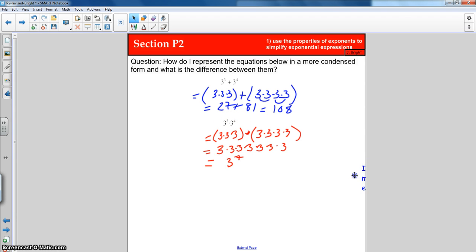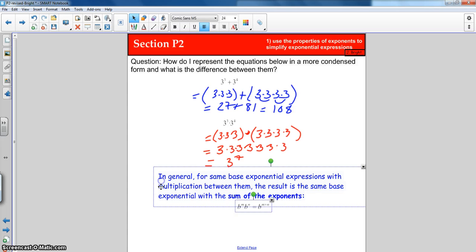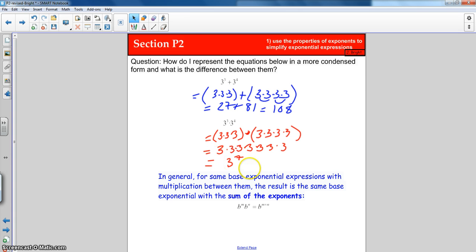So in general, if we have multiplication of same base exponentials, I can add their exponents. So the general rule is if I have b to the mth power times, and remember that this is the operation of multiplication in between here, just for clarity, b to the n power, all I have to do is add the exponents.